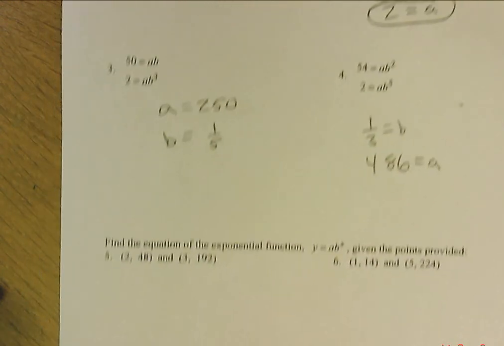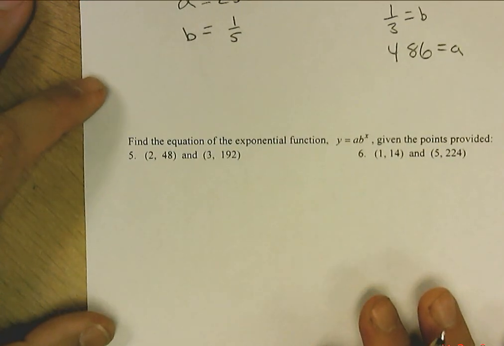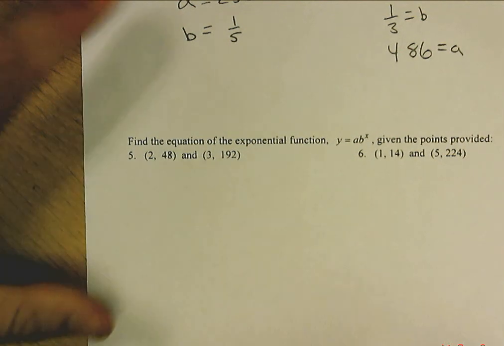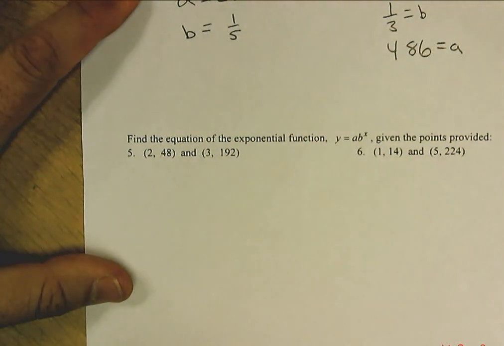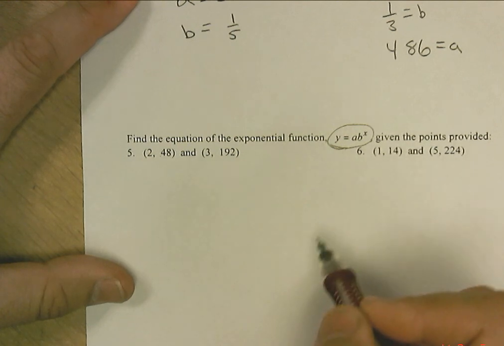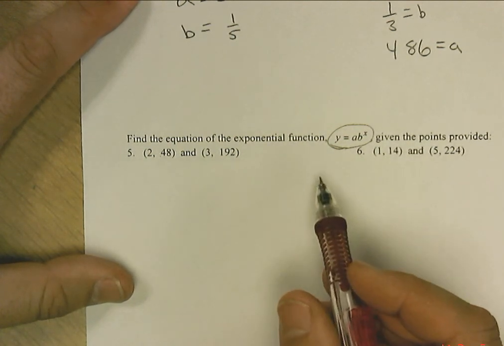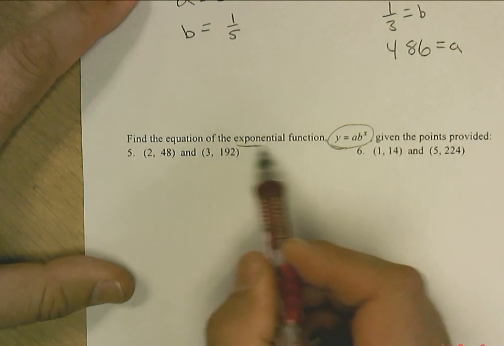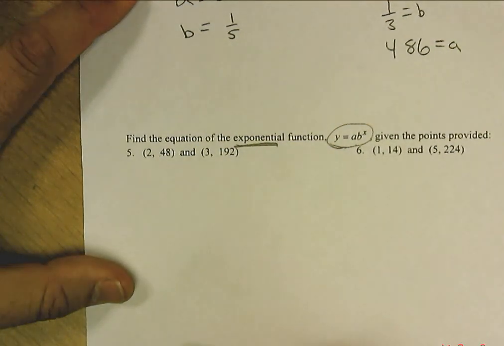Now we're going to add one more step to this. We're going to find the equation of the exponential function through these 2 points. We know that equation. If it was a line, we'd use y equals mx plus b, but it's not. It's exponential, so we use that formula.